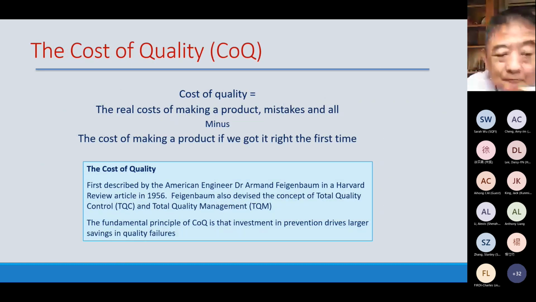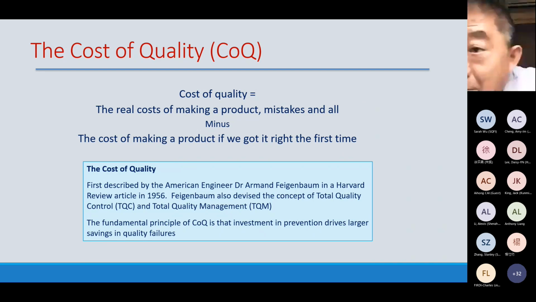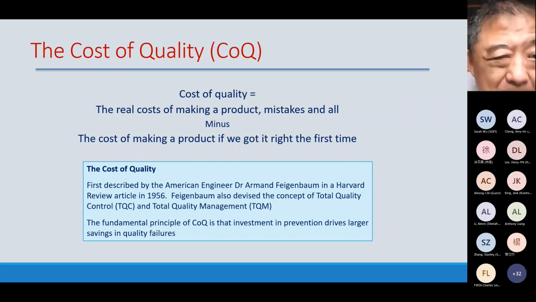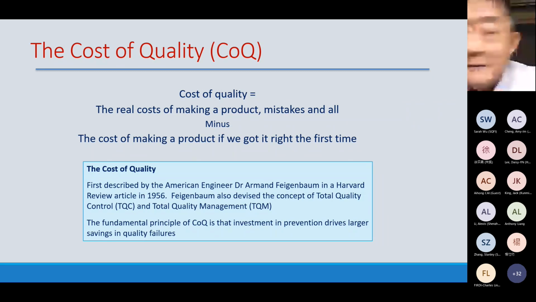So by reducing process variation, we can improve the cost of quality. And the cost of quality is the real cost of making a product, mistakes and all, minus the cost of a product if we get it right the first time. So the real cost includes all the wastage, the spoilage, the downgrading, etc., as a result of process variations or mistakes.